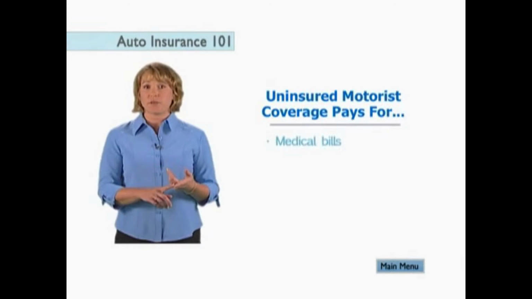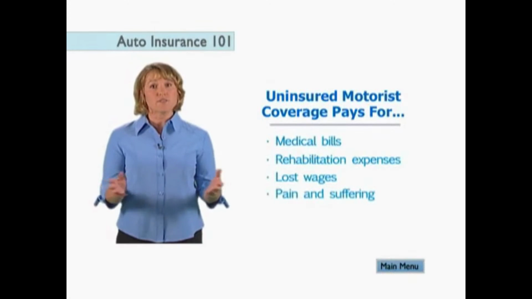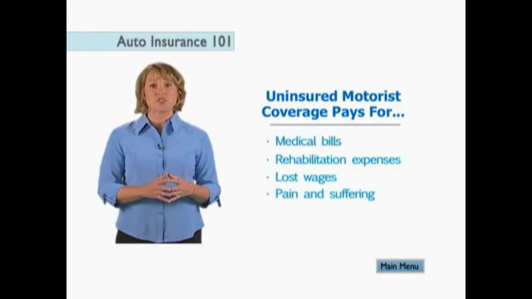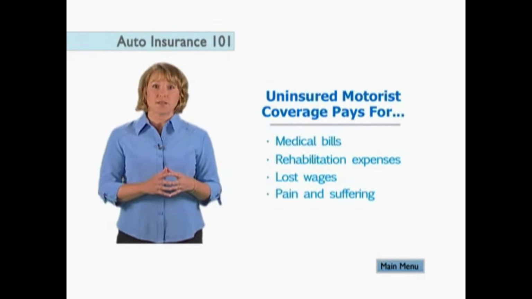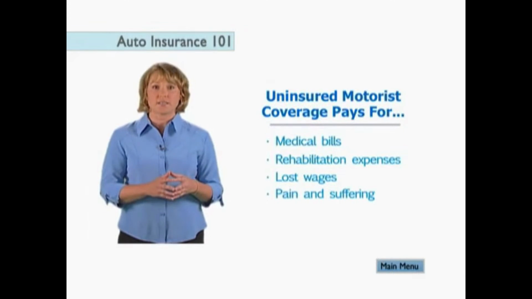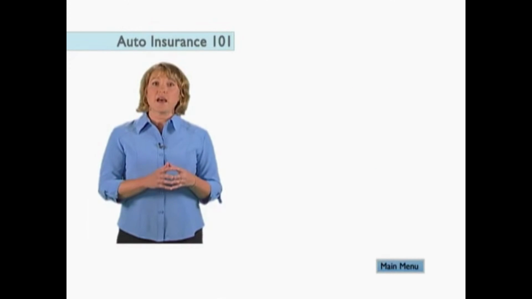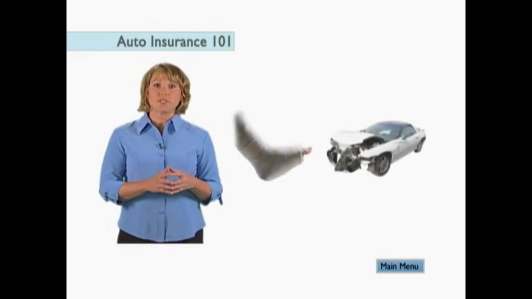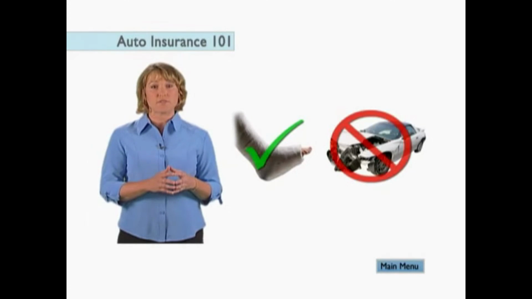It will cover your medical bills, rehabilitation expenses, lost wages, pain and suffering, things you could have claimed against the at-fault party's insurance if they had it. Underinsured motorist coverage will cover those same losses if the at-fault party's coverage is insufficient for your loss. Keep in mind, in most states, the uninsured, underinsured motorist coverage applies to injury only and not for damage to your vehicle.